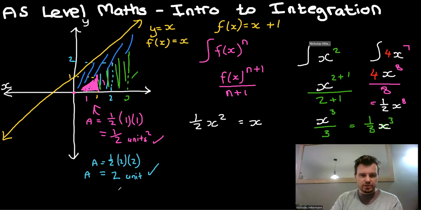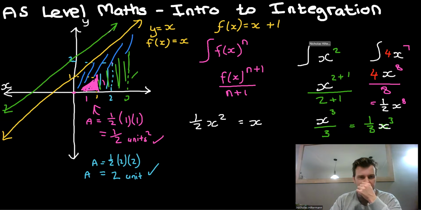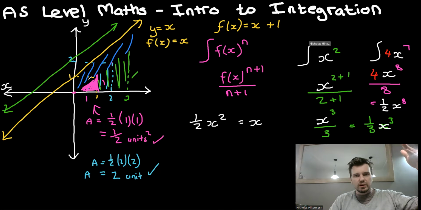Because I could have had plus 1, or I could have had plus 2 here. And so this would be y equals x plus 2. And so there could have been any value that we would need to pop on here. So our answer has to have a plus c.